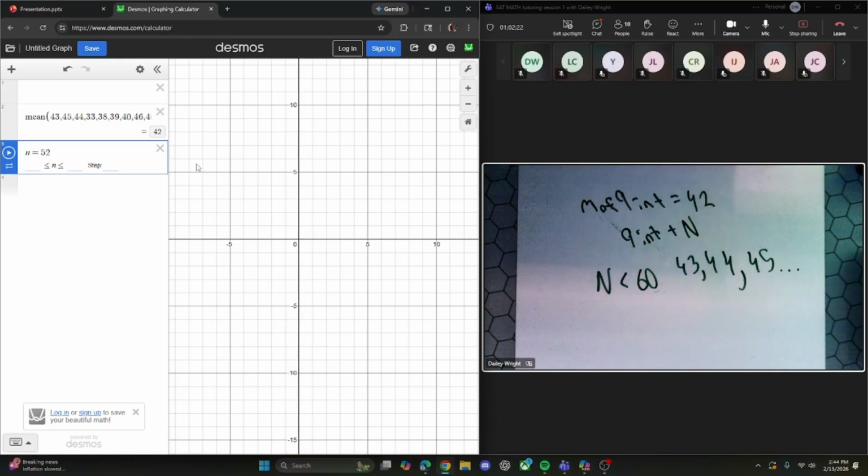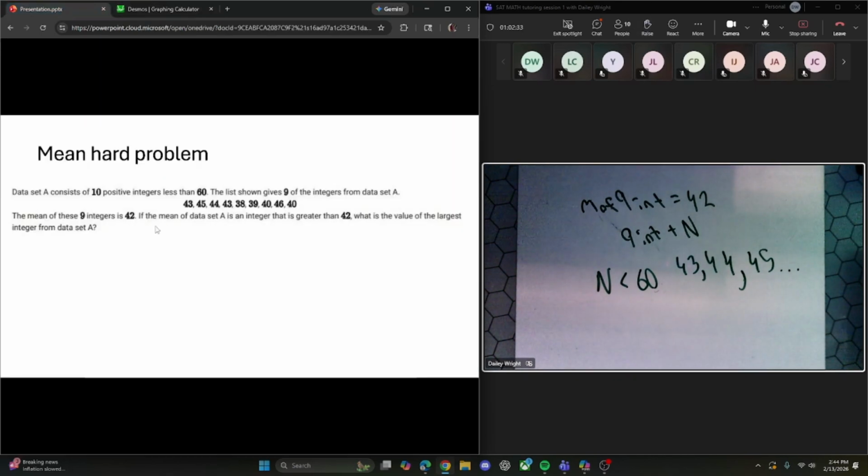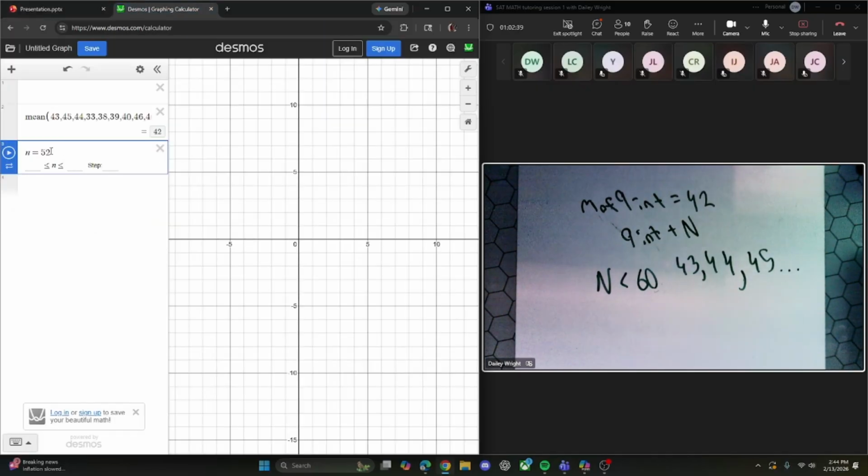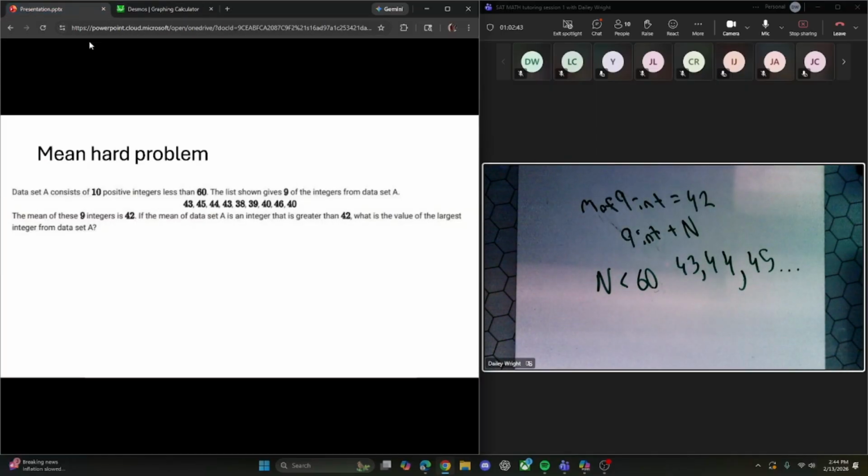So n equals 52 gives you the largest integer of the data set, because it wants to get the maximum integer mean of the data set. And the highest number you can get, which would give you an integer mean, is n equals 52. This is a super confusing problem, so if anybody has any questions on it, let me know.